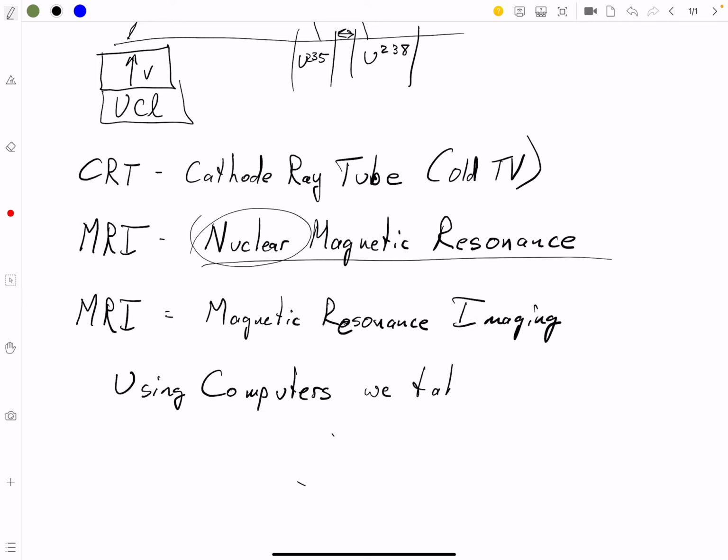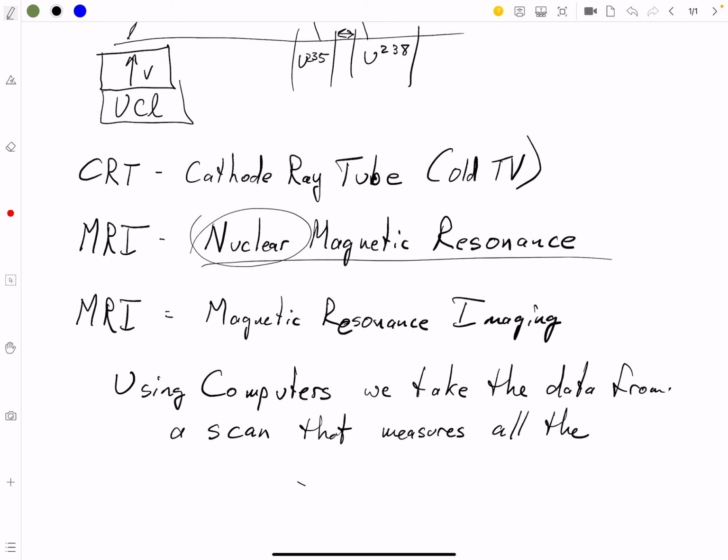So using the computers, we take the data from a scan that measures all the resonances and non-resonances, the good and the bad resonances, high and low, and it converts them into images.